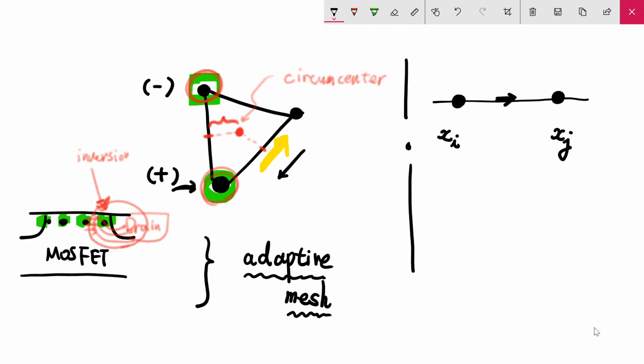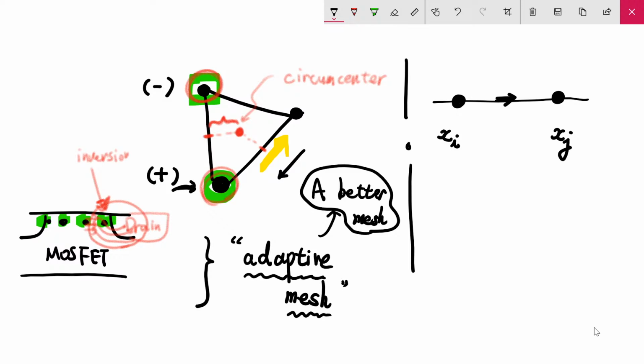So if you really want to have a good mesh, the usual approach is not turning on this adaptive mesh capability. Instead of that, they just try to build a better mesh which is more or less suitable for all bias conditions considered in their simulation domain. So that is the usual way.